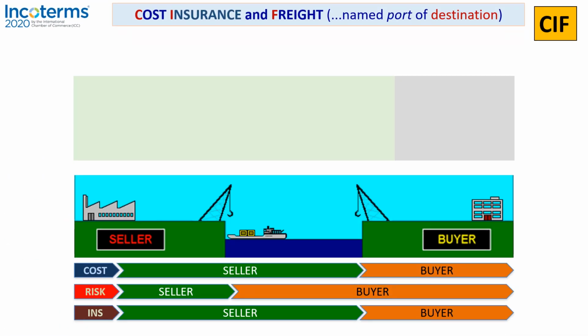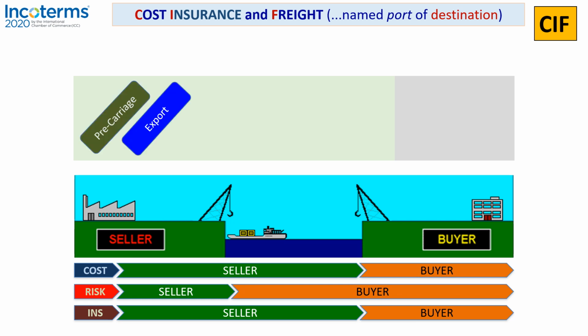The last one here is cost, insurance and freight. Again, like what we discussed in CIP, the risk passes to the buyer at the point of loading at the origin port. However, the cost of insurance is paid by the seller, but on behalf of the buyer, so the beneficiary in the insurance certificate remains the buyer.